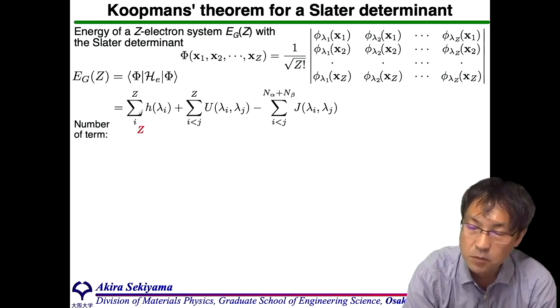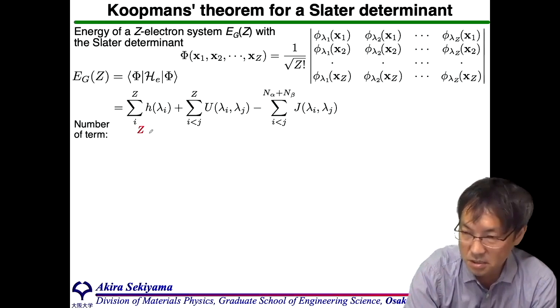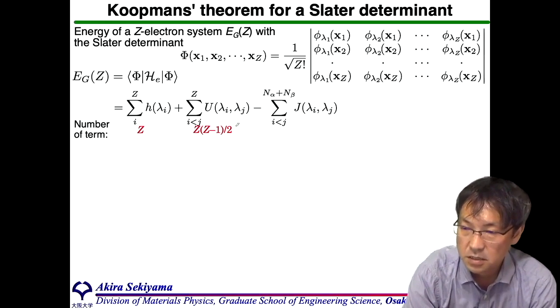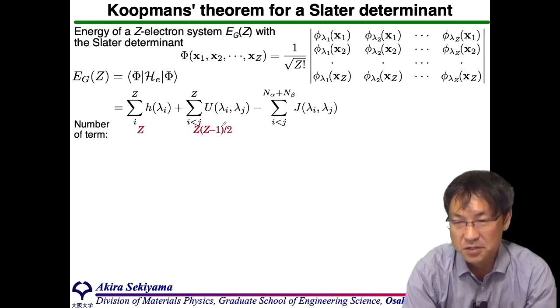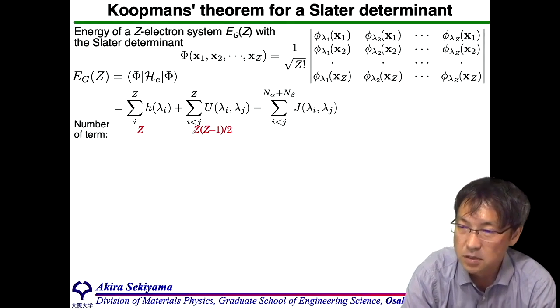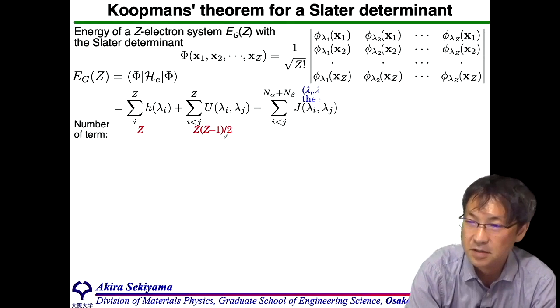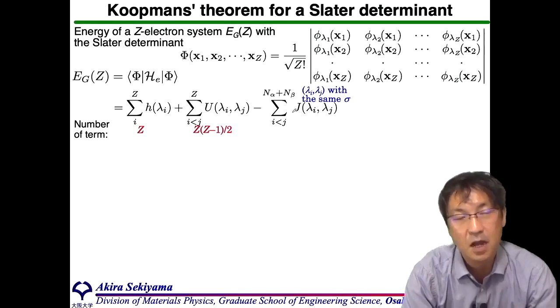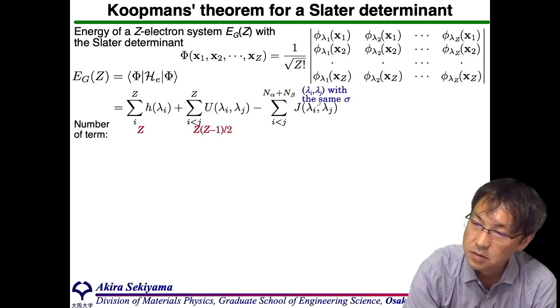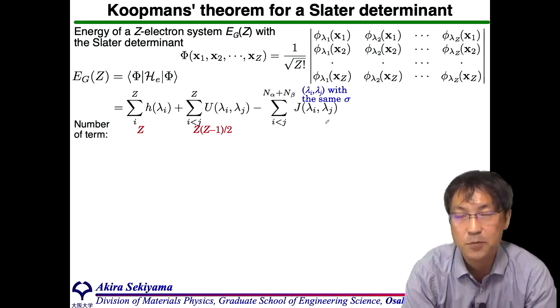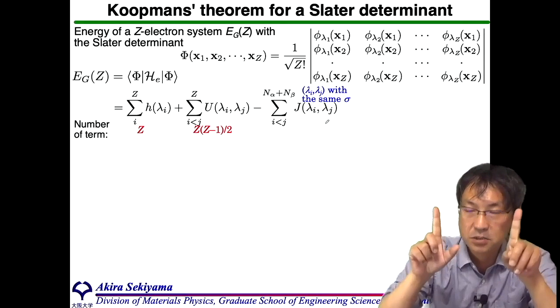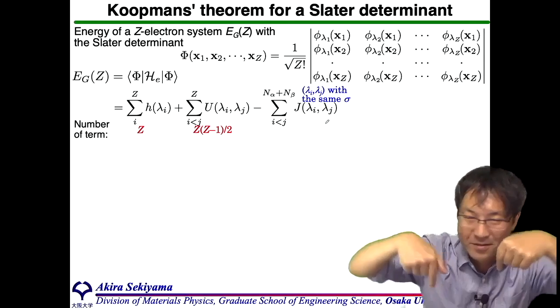The number of terms is Z, large Z, and the second term stands for the Coulomb interaction between the electrons, where the number of terms is like this one. And the third term stands for the exchange integral, so the combination of the states lambda I and lambda J with the same spin direction, this one or this one.